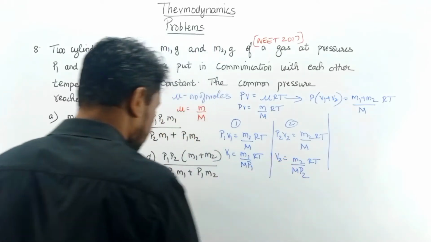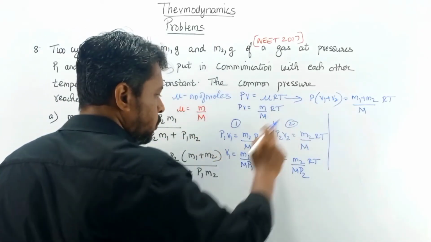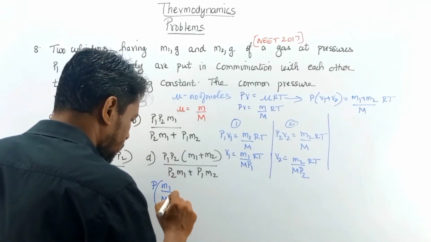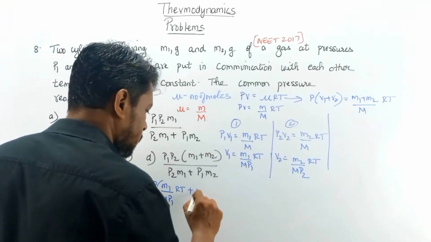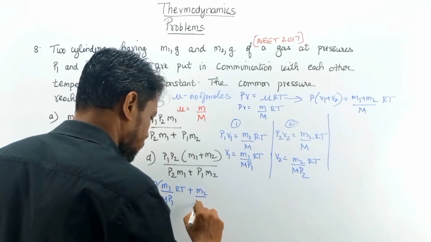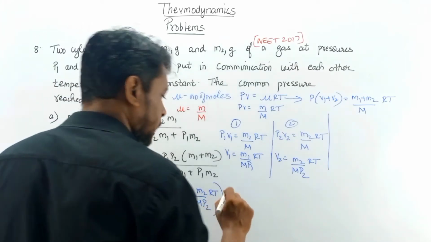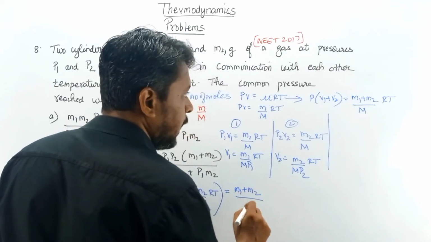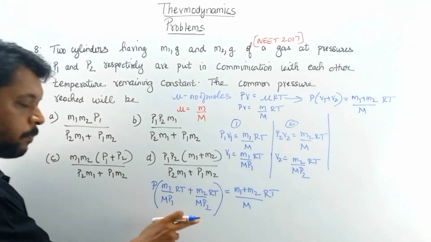So here it will be written as P into (m1 by M into RT by P1 plus m2 by M into RT by P2), which equals (m1 plus m2) by M into RT.